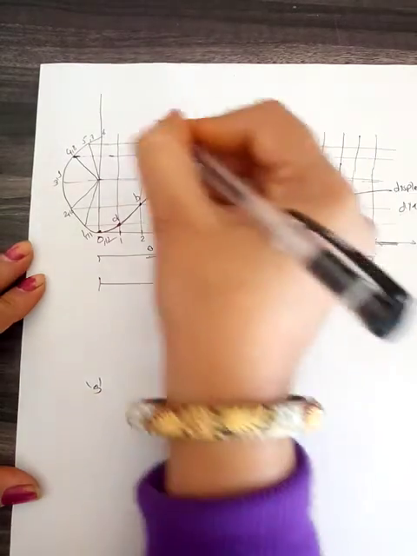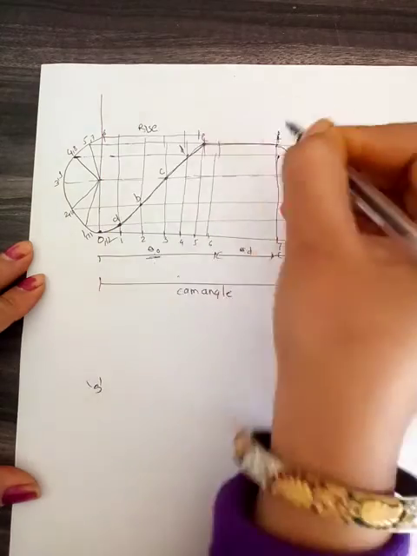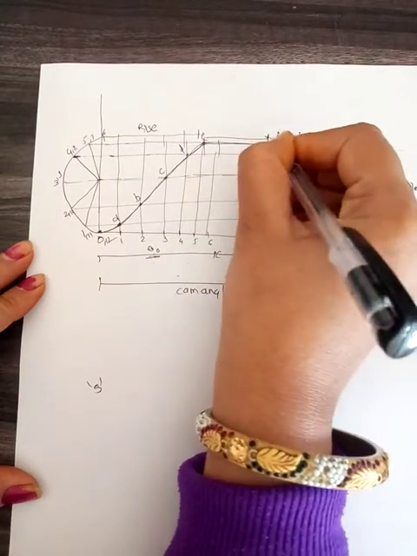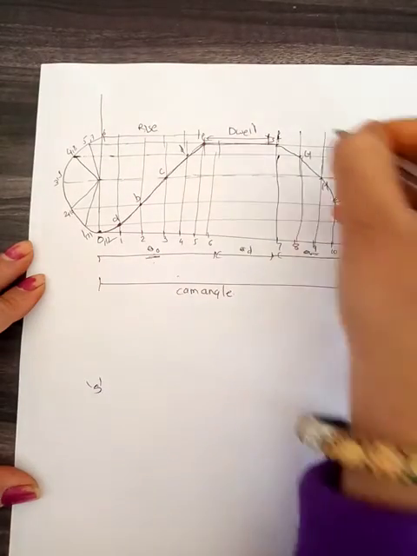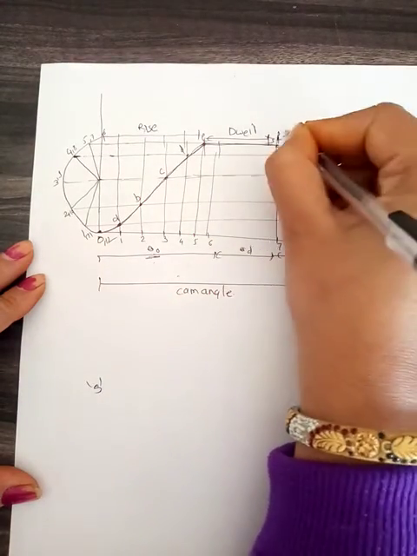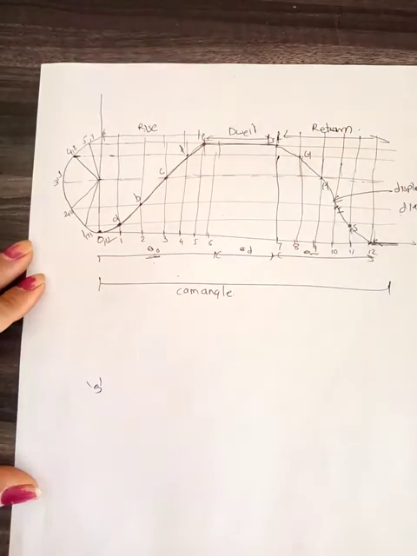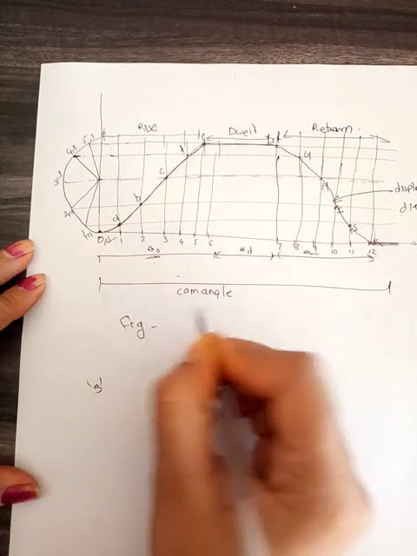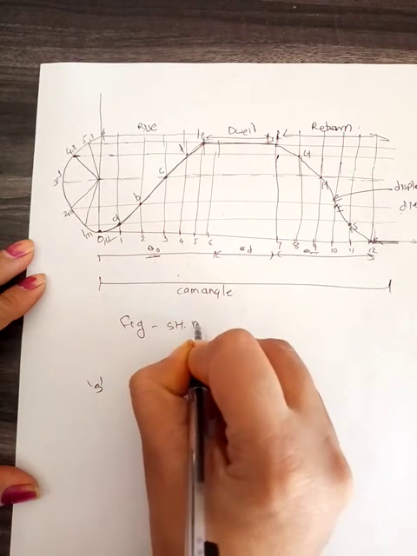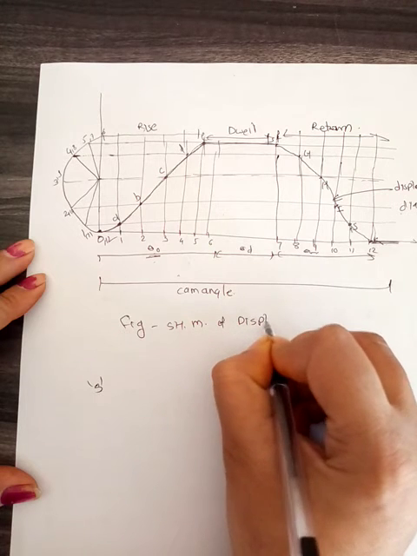This is the rise, this distance is known as the dwell, and this is the return. This figure shows the displacement diagram of simple harmonic motion.